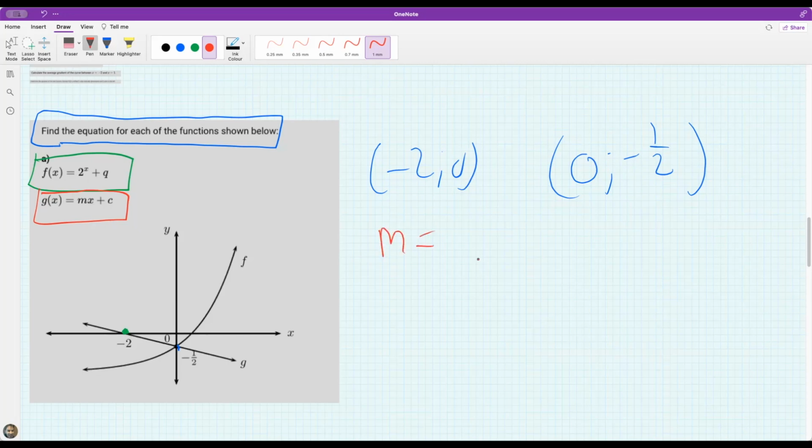So finding the gradient would probably be a good first step. What did you get for m?